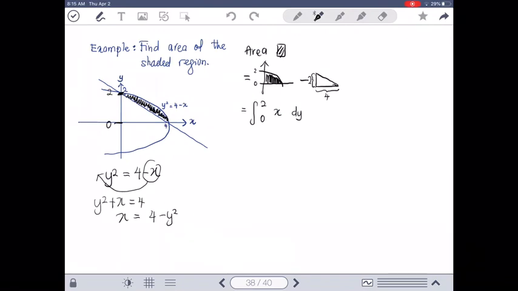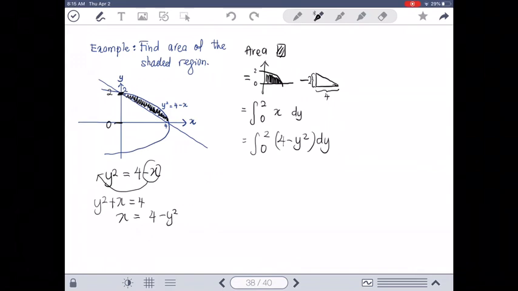So we have the integration of 0 until 2 of 4 minus y squared with respect to y. Why with respect to y? Because the boundaries lie on the y-axis. Minus, don't forget to minus the area of the right angle triangle, which is just half times 2 times 4. It's just equal to 4 units.